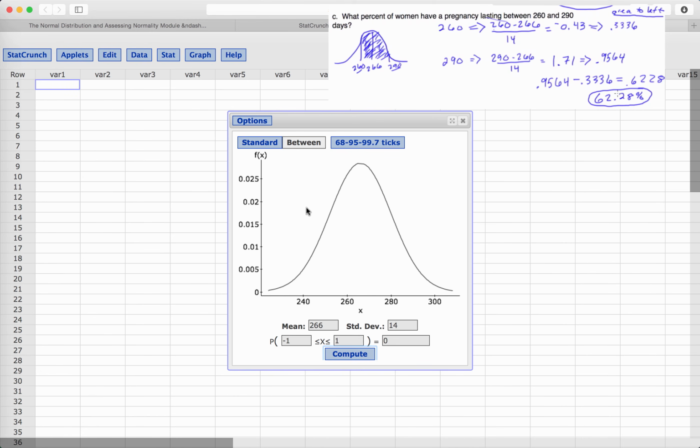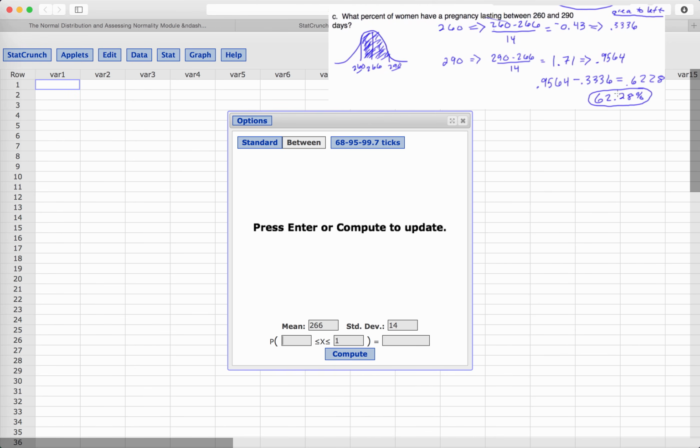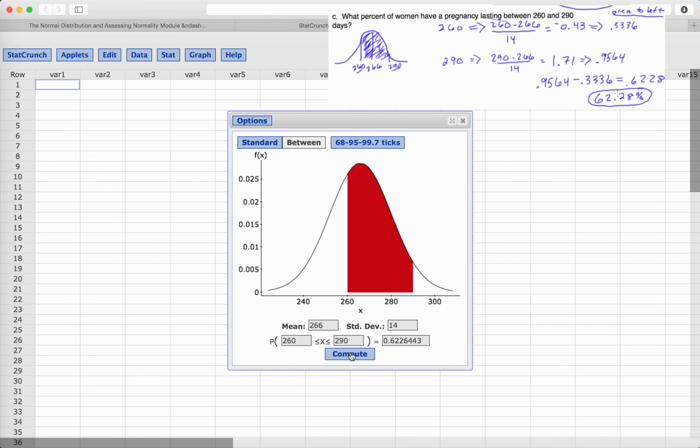We have the same mean and standard deviation as the previous two problems, but now we're looking for the probability of a pregnancy lasting somewhere between 260 days as our lower limit, and our upper limit of 290 days. So plugging those values in, hitting compute, we get about 0.6226, slightly different than what we got if we did this by hand. That's okay, there's going to be rounding errors.